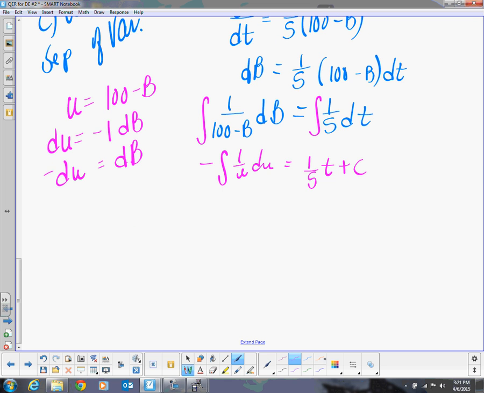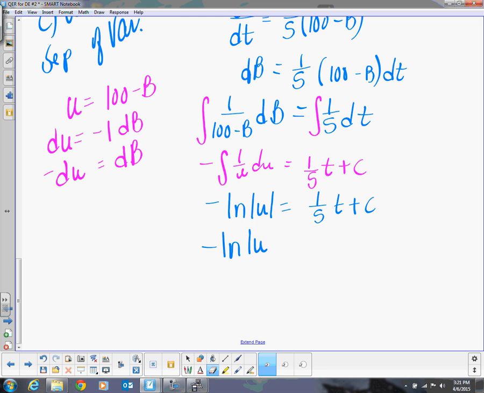So now as we integrate this side over here, we're going to have the opposite of the natural log of the absolute value of u equals 1/5 t plus c, or the opposite of the natural log of, I don't want u anymore. My u was 100 minus b, which is equal to 1/5 t plus c.